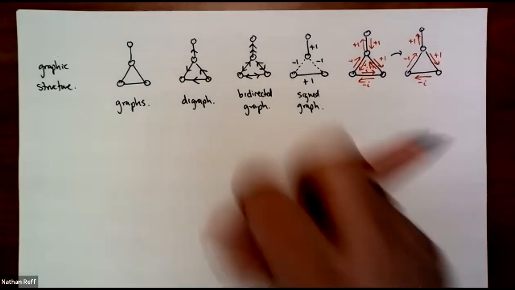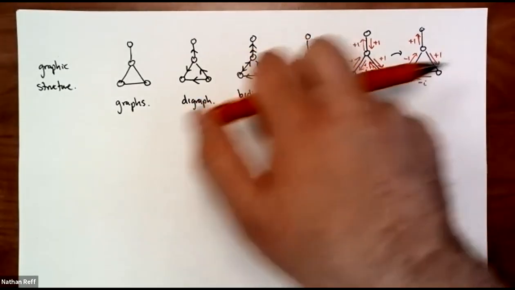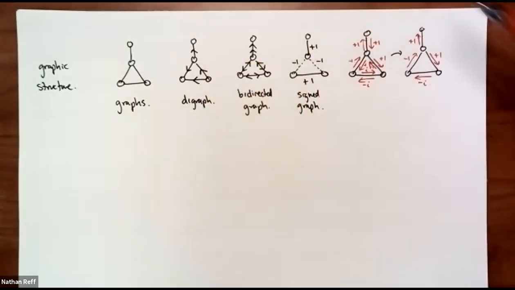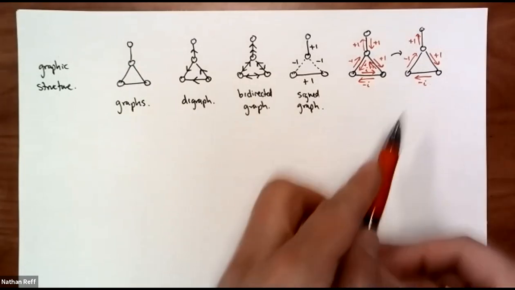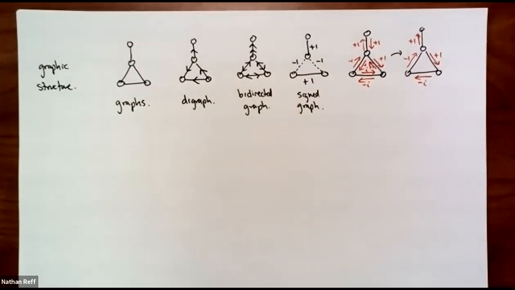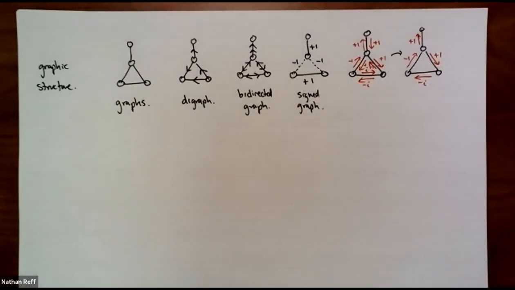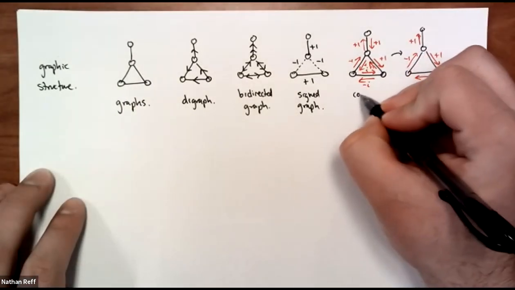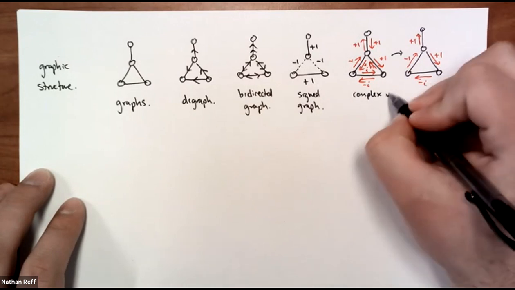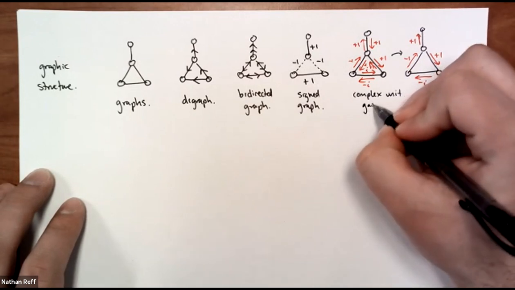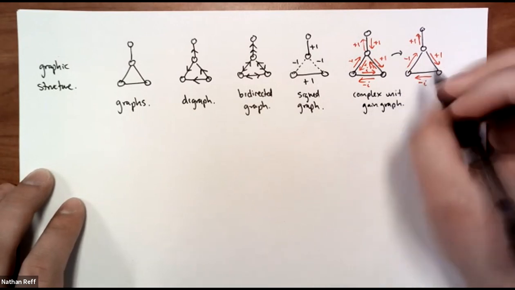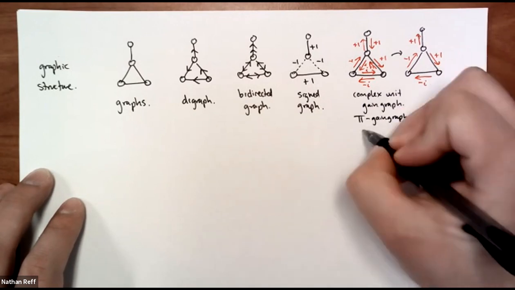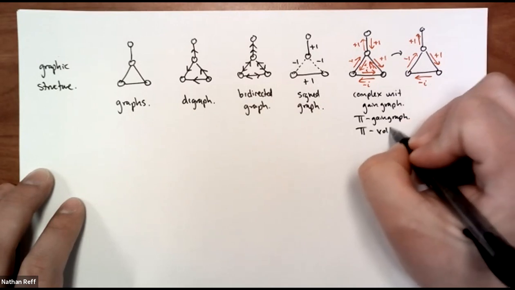I know what the label is in the other direction, but the difference between this and the digraph is that the direction in which I'm drawing does not mean that that's a fundamental property of the graph. Okay, so this right here is what's called a complex unit gain graph, or a T gain graph, or a T voltage graph.